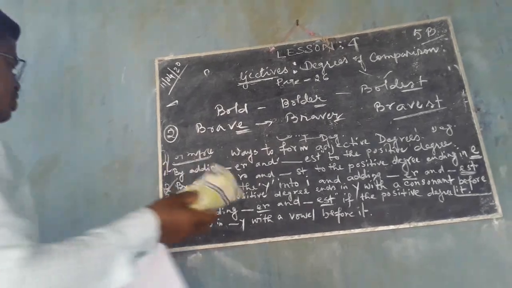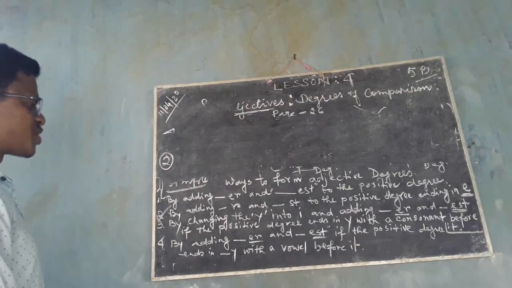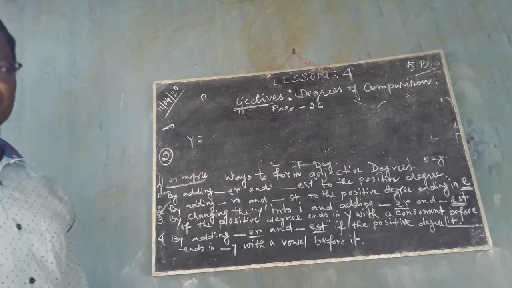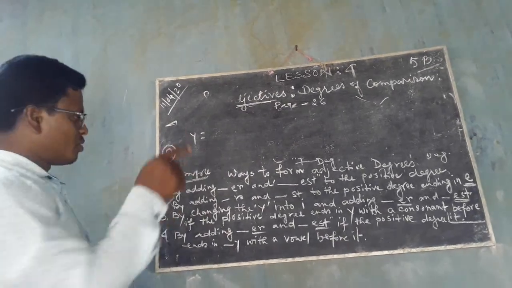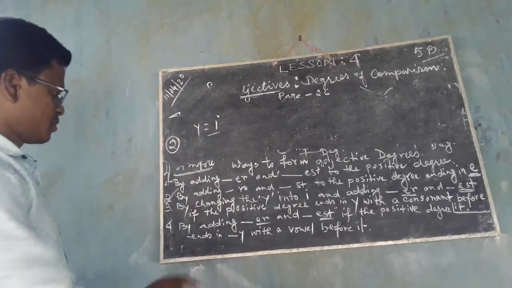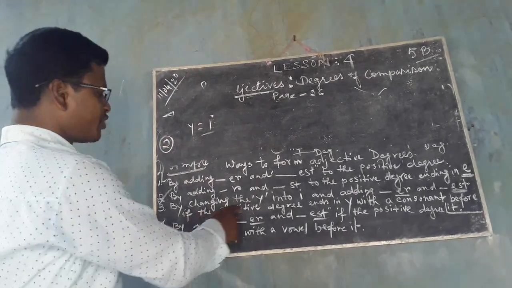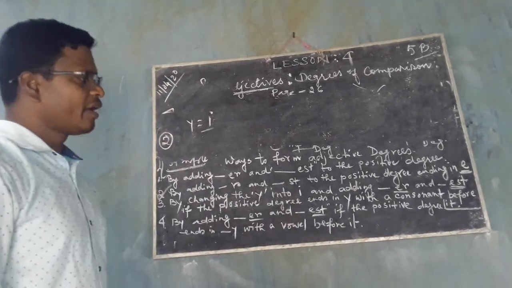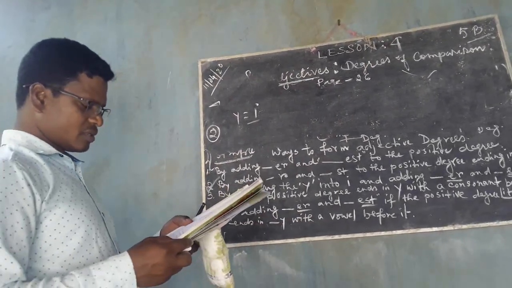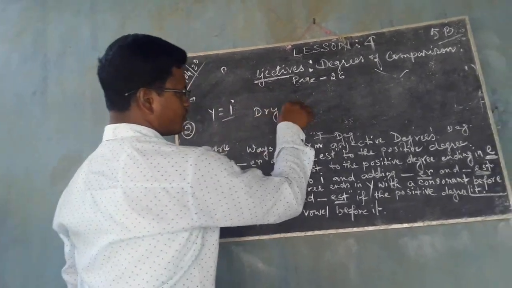Let us move on to this third type of rule. By changing the y, as we have learnt already when we were doing singular and plural. This y is changed into i, and adding er and est if the positive degree ends in y with a consonant before it. Let us see, for example, just like dry. What shall we do here in the comparative?